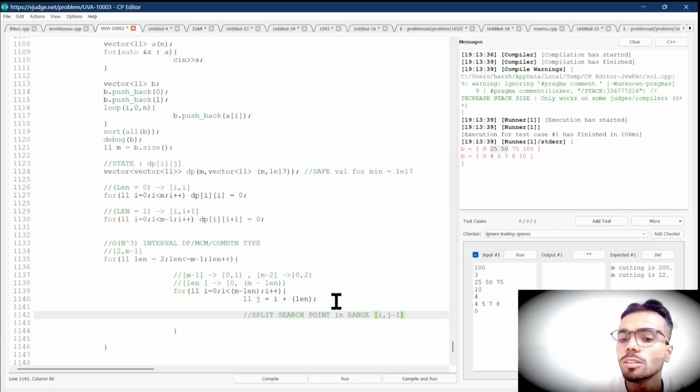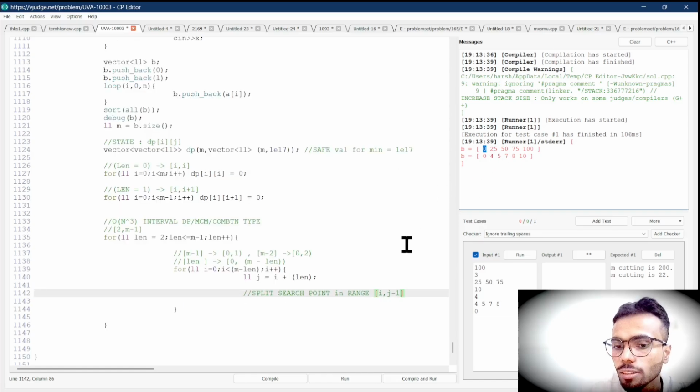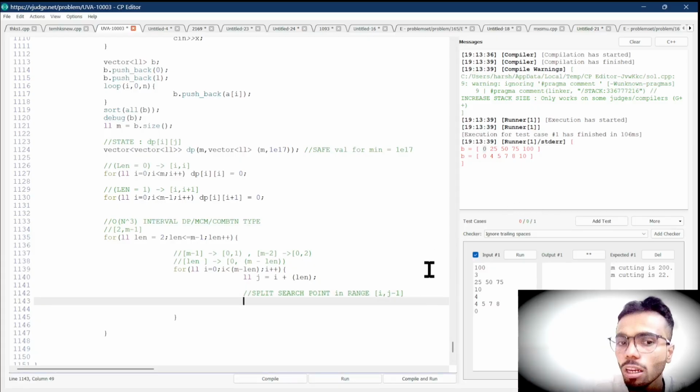If I just use directly ij minus 1, it might be possible, because I have added a 0, that I am performing the operation at 0, which I don't want. So to avoid taking this 0, I always perform the cut at the inner points.